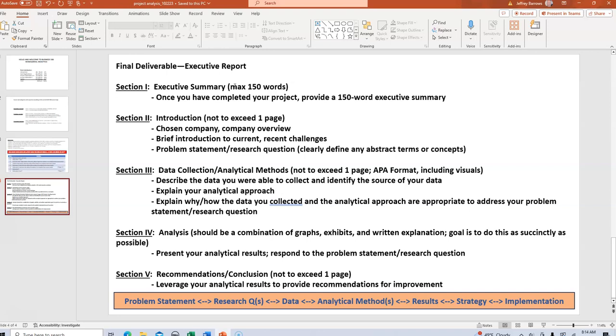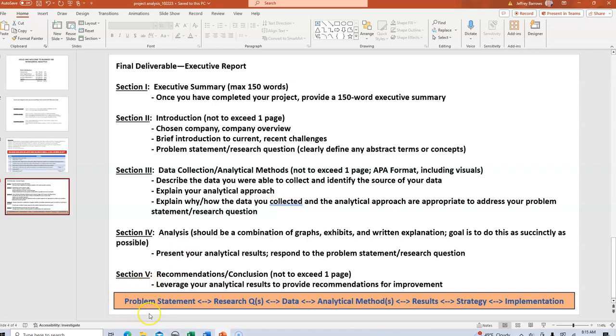Really less than that. But a written executive summary, based on the incremental submissions that you are going to send me, gives an overview of the problem, the data that you've collected, the analysis, the results, and how you're going to drive strategy and implementation to address the problem.